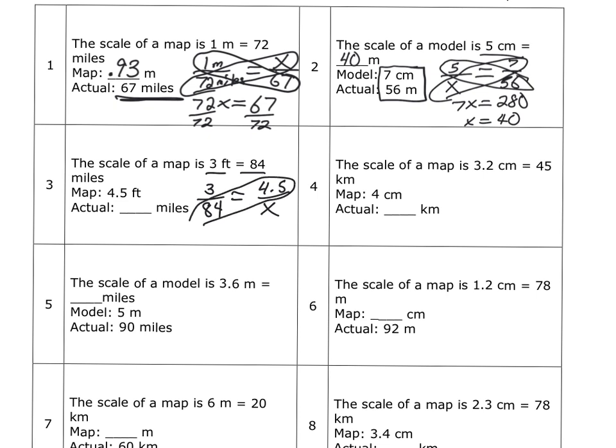Cross multiply. 3x is equal to 84 times 4.5. And we divide both sides by 3, and we get 126. So that means if we're talking about 4.5 feet on the map, the actual distance is 126 miles.